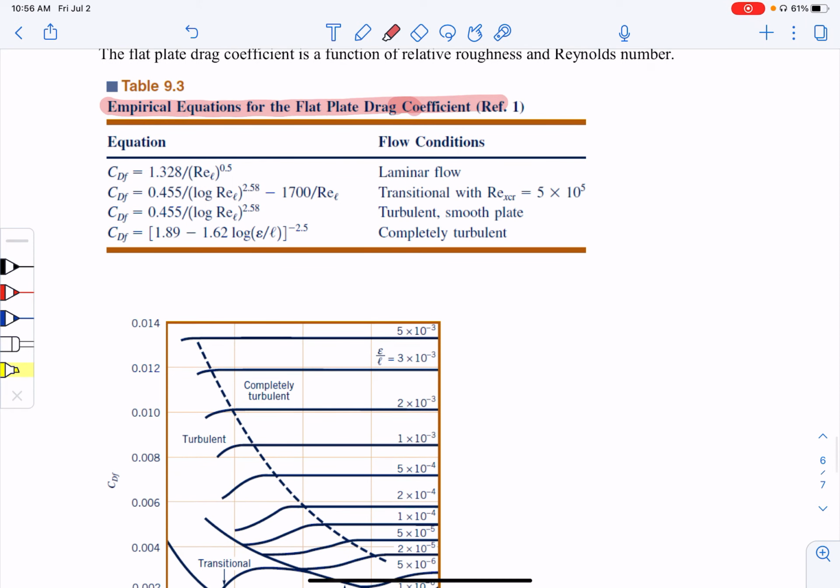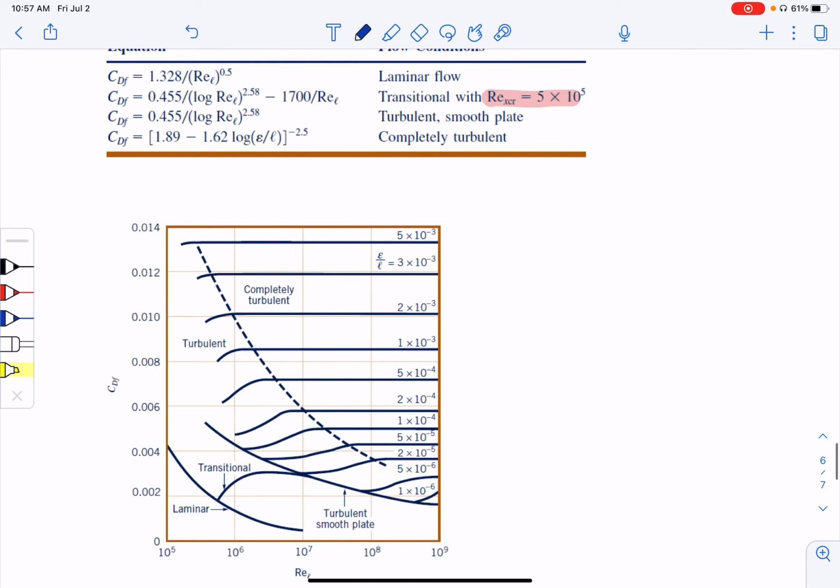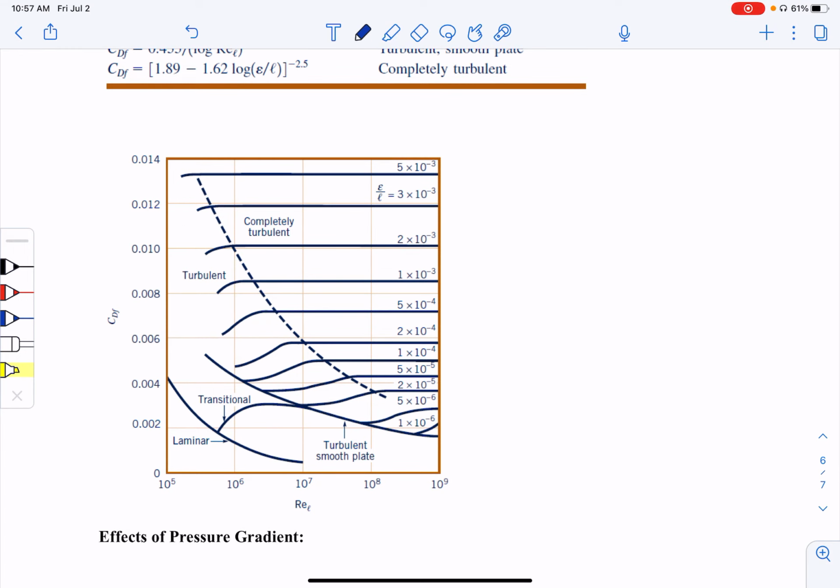And then this is the critical Reynolds number that we talked about. And let's see what else we have. And this is the chart we also use for finding the drag and the drag coefficient.